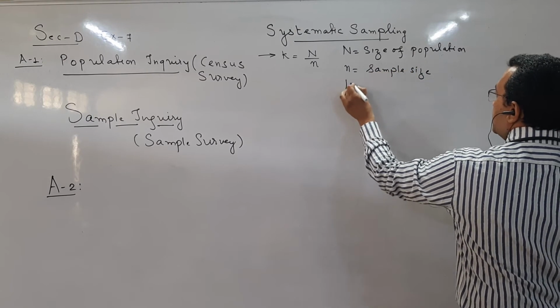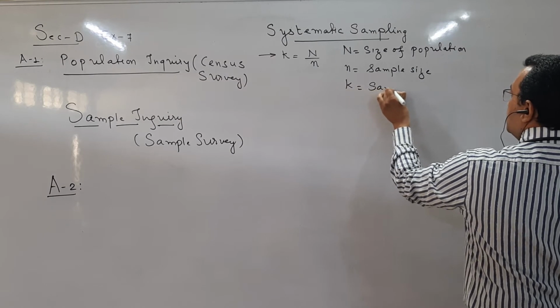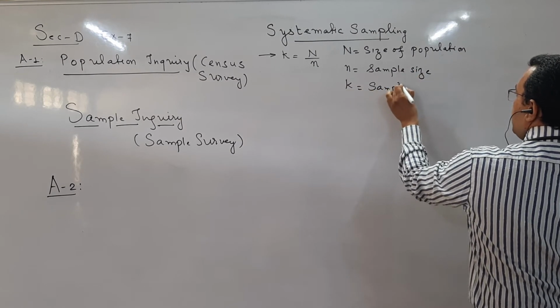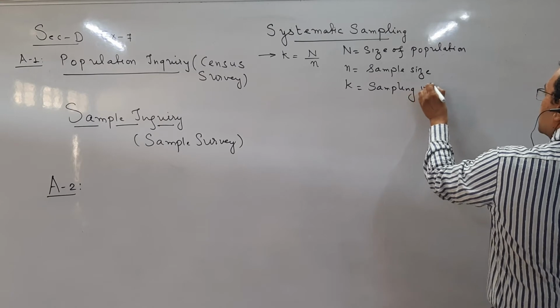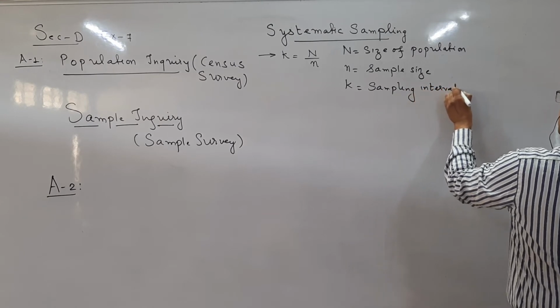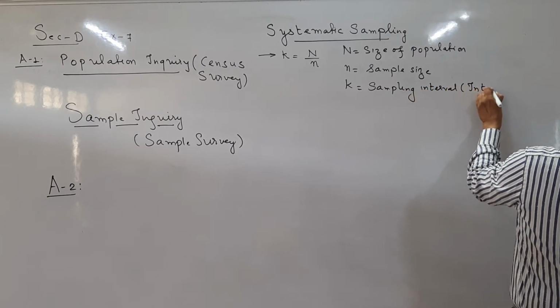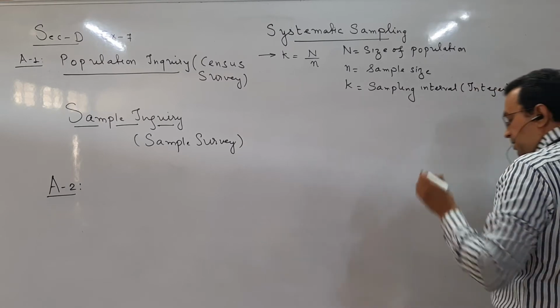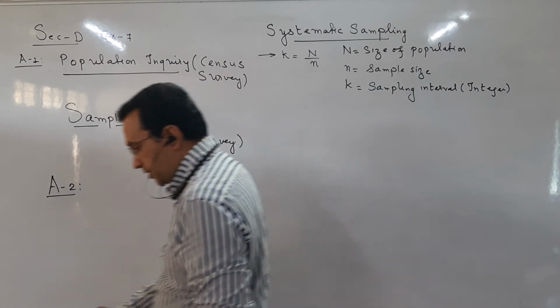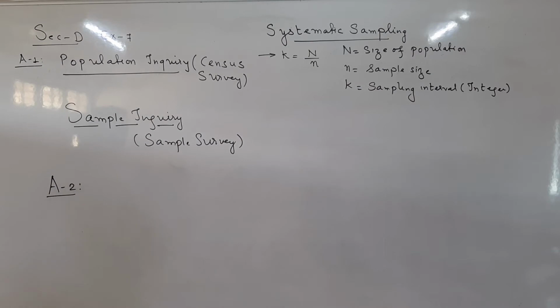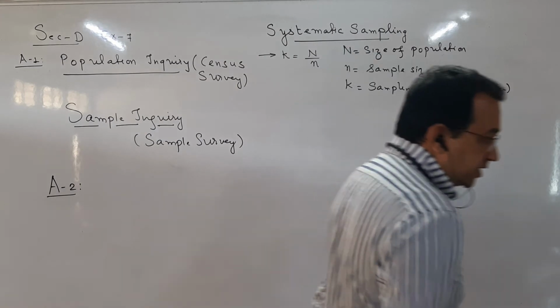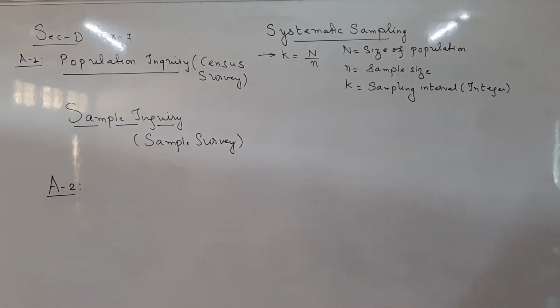And always remember, K is the sampling interval, which is always an integer. Means you can have 1, 2, 3, 4, 5, 6, 7, 8, 9, 10, a positive integer, starting from 1 to any value within the range of say 15 to 20. You will never have a sampling interval more than 20 in practice.